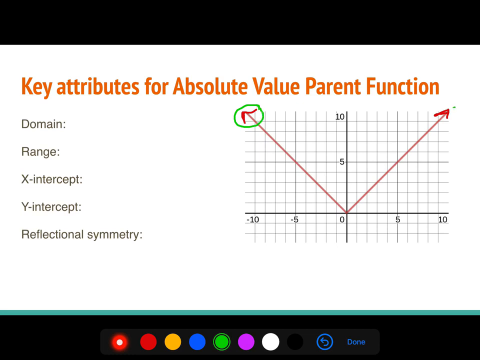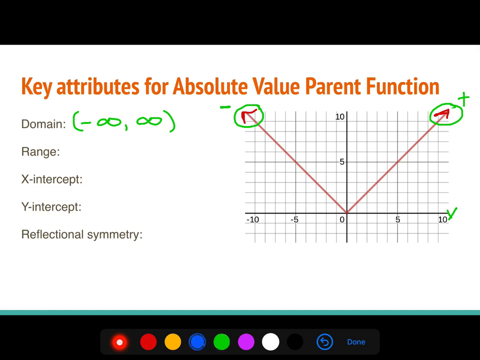Ooh, it's an arrow. Go to the right. Ooh, it's an arrow. That's all real numbers. But remember, this is the negative side of the x's, positive side of the x's. And remember, arrows mean infinity, so negative infinity to positive infinity.